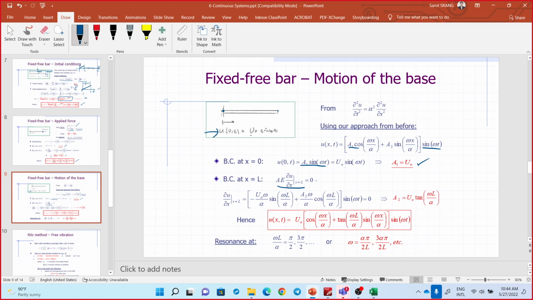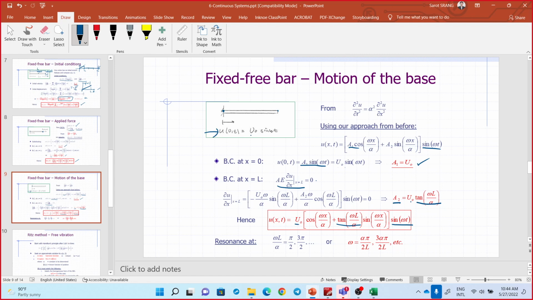Then we can have A2 equal to U0 times this term. So the final total solution has this form. A1 is U0, A2 is U0 times this.